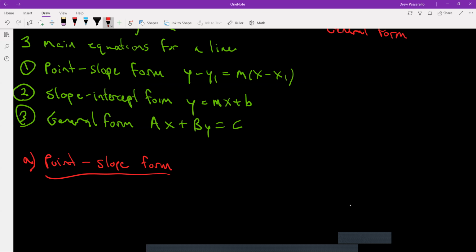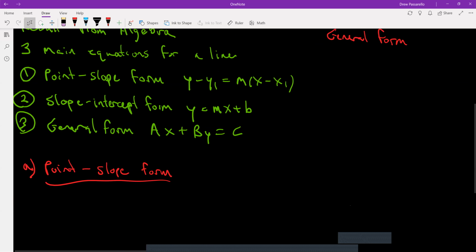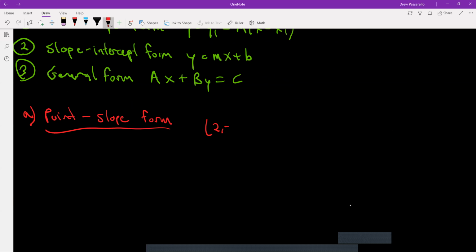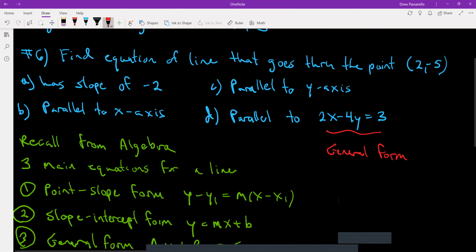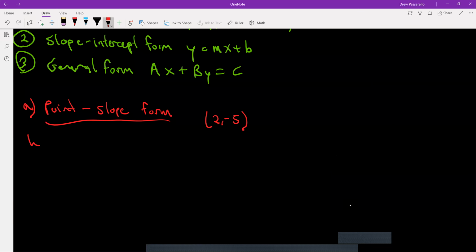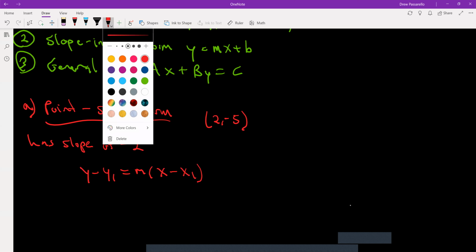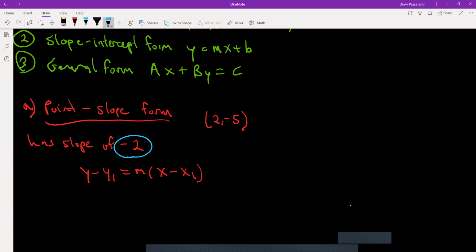All right, so it's got to go through the point (2, -5). And then they tell us that it's going to have a slope of -2 for part A. Well, if I did point slope form, that's y minus y1 equals m times x minus x1. So I know that m is -2.